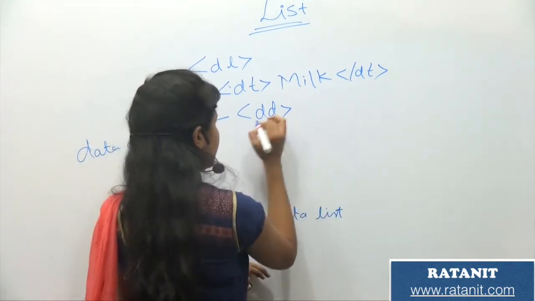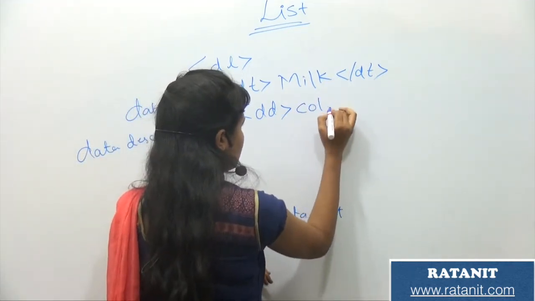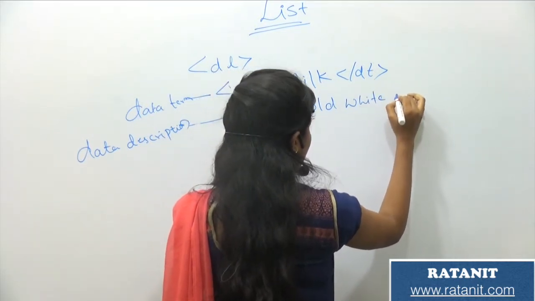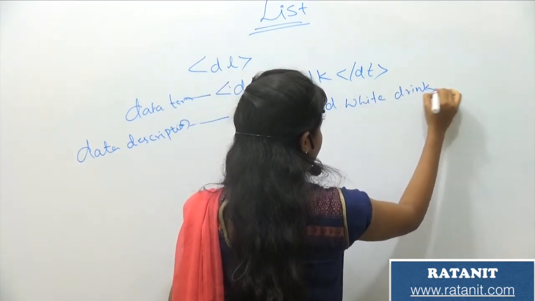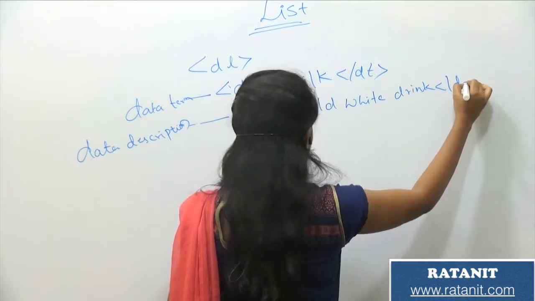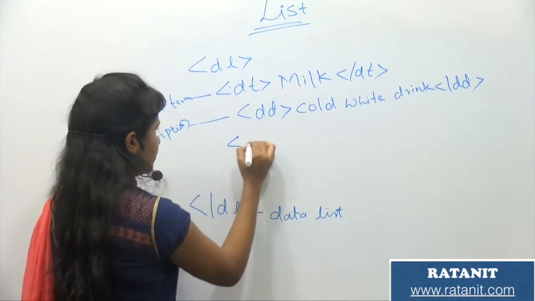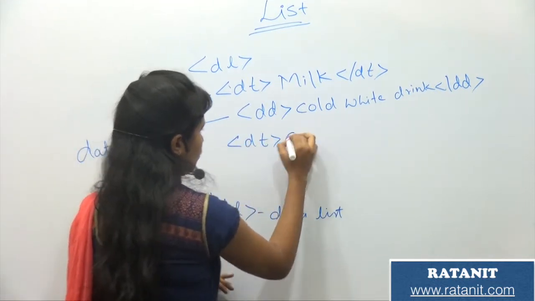Okay, milk's data description is cold white drink. This is my description. My next data term is coffee.